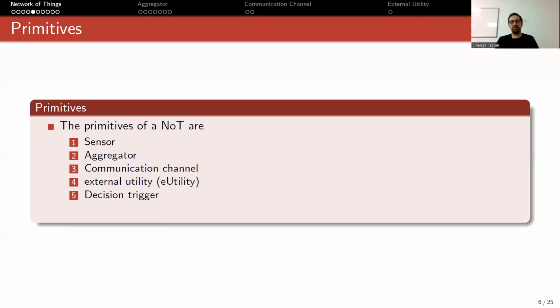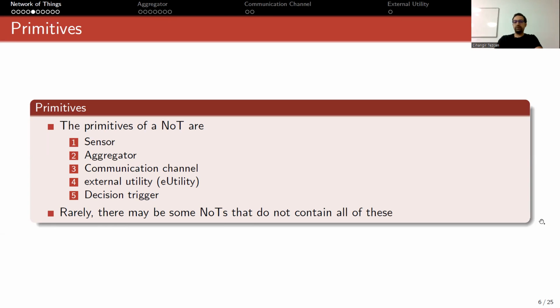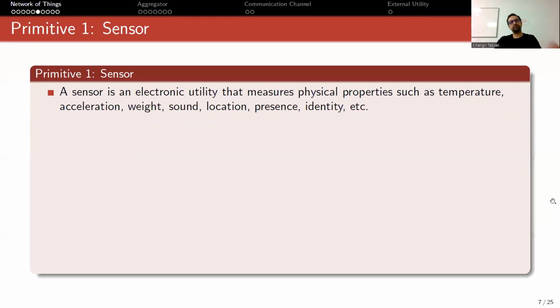So NIST defines the primitives of network of things as follows: sensors, aggregators, communication channel, external utility, shortened as e-utility, and the decision trigger. Rarely there may be some network of things that do not contain all of these. Maybe you are dealing with small systems, maybe some of them are missing, but generally we have all of them.